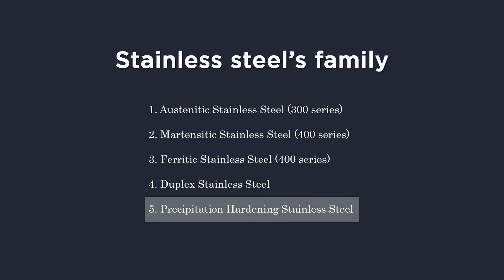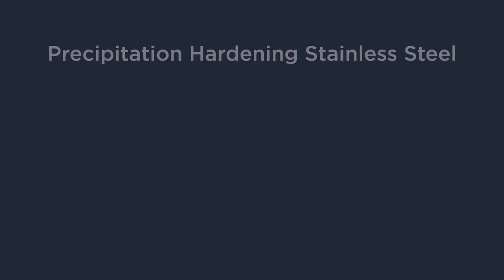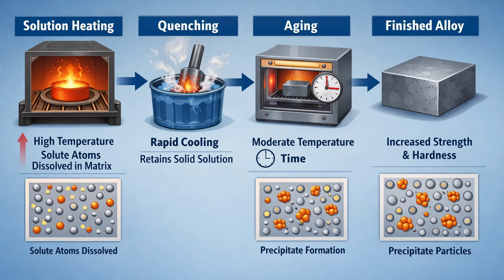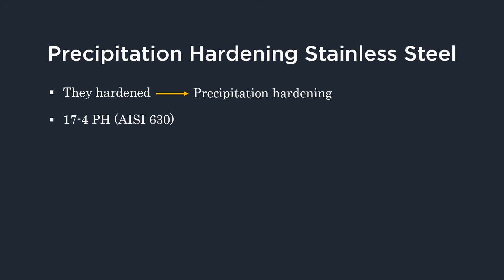Lastly, the PH stainless steel, precipitation hardening stainless steel, if I pronounced it right. These are unique because they can be hardened by heat treatment using a process called precipitation hardening, where fine particles form inside the microstructure and increase the strength. The most common grades are 174 and 630.